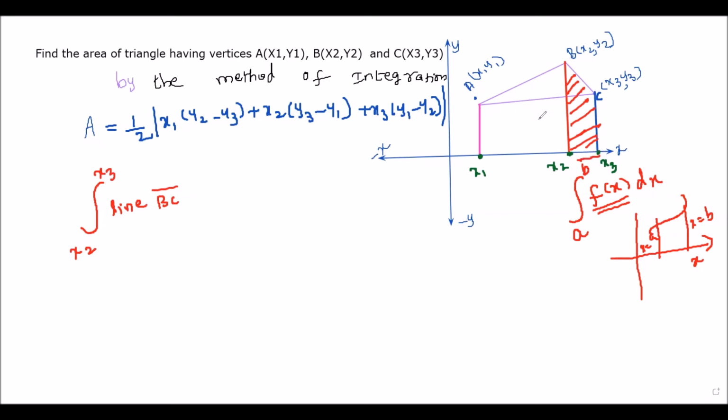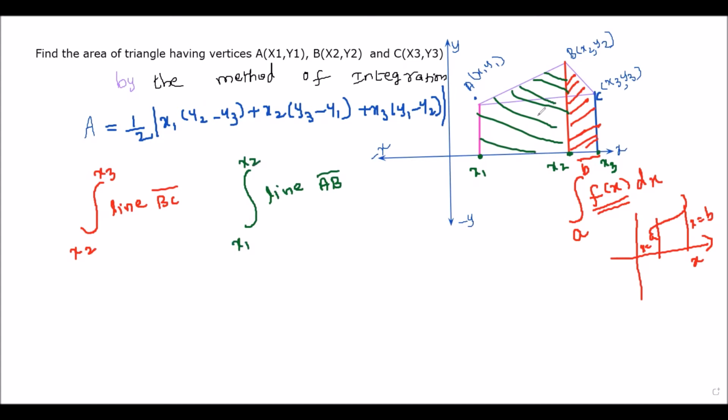Now let me see the next part. I will shade that one with another color, let me use green. Now let us see what this area represents. Using integration, this area can be written as the integration of the line AB between the two lines x equals x1 and x equals x2, so it is the integration from x1 to x2 with the positive direction of the x-axis.